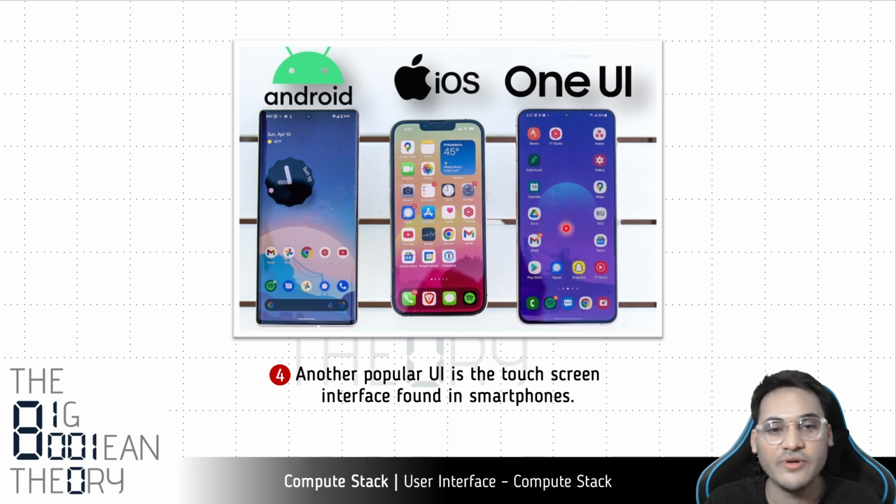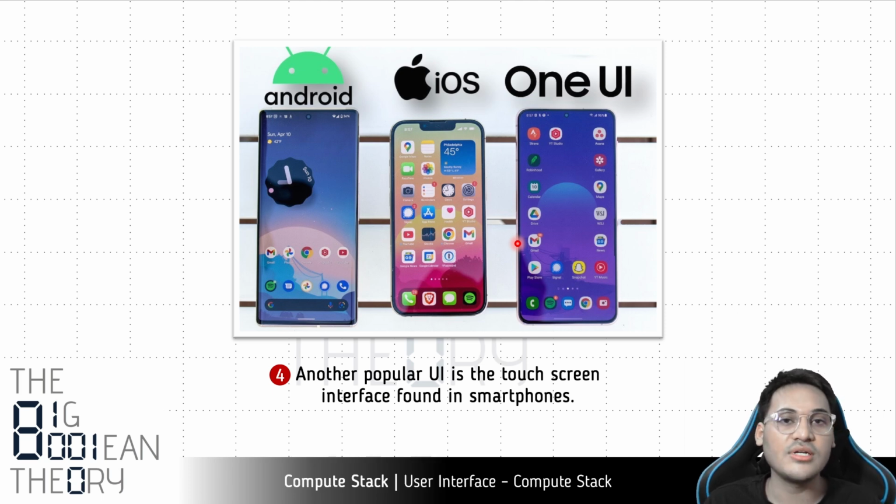These three phones have different OS first of all, and even the touchscreen interface application is different. You can check out the different applications and you'll see different logos for different applications in these three phones. You can check out Google Chrome, the calling application, and the messaging app. Each of them has this, and even the logo is different, right? So this is how even in the touchscreen space there is a wide variety, a lot of options, depending on the smartphone that you're using.